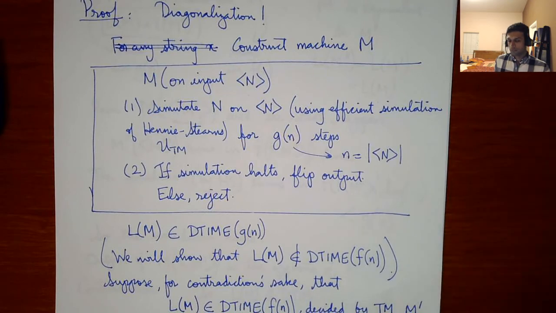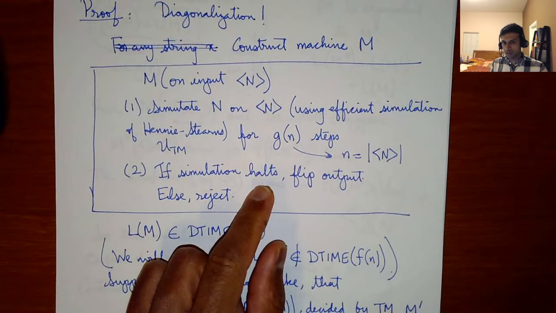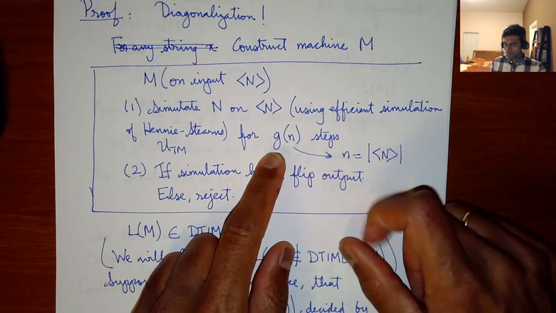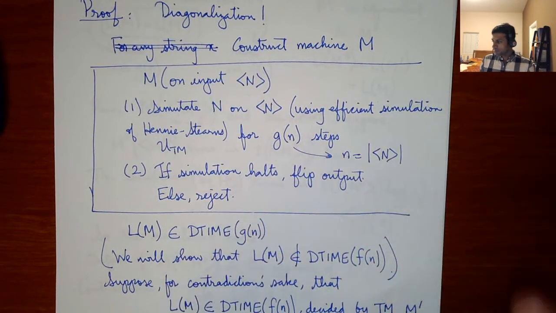And so the only way to make them agree would be to run it for more than g of n steps. Essentially, the simulation should not halt in so much time. Right, because if it halts in less than g of n steps, then it'll never be right. Exactly. So it can't do that.